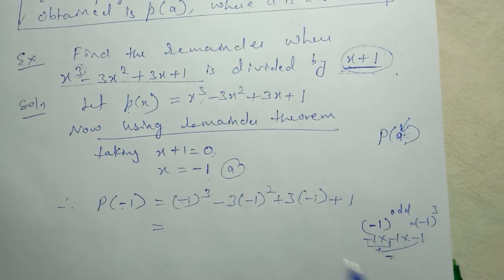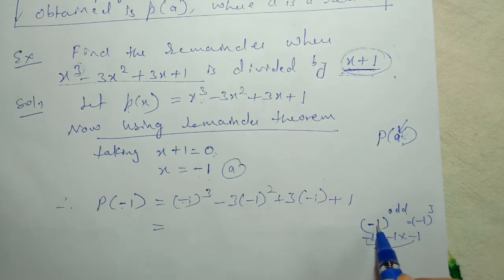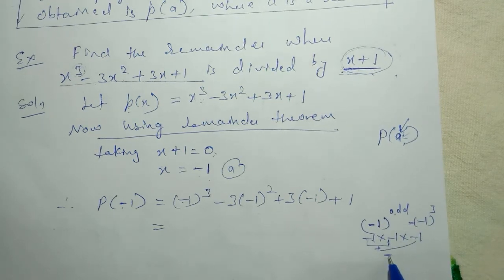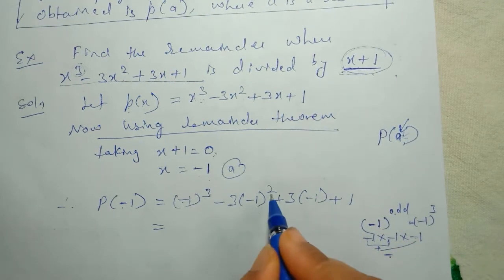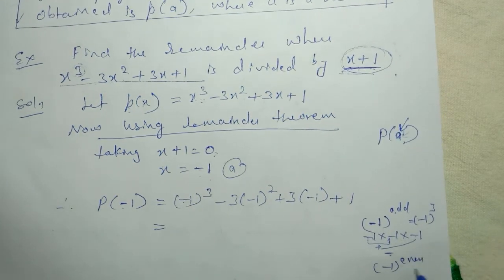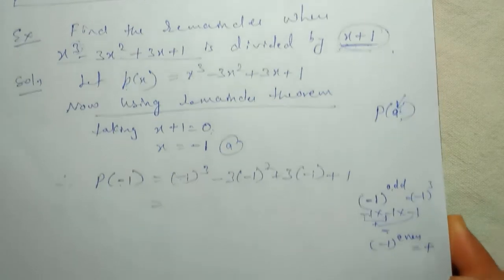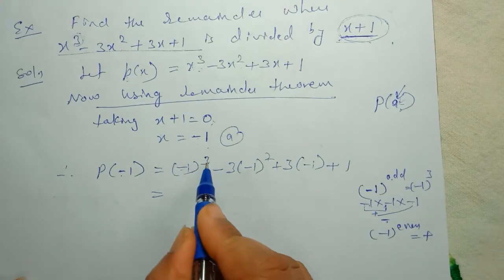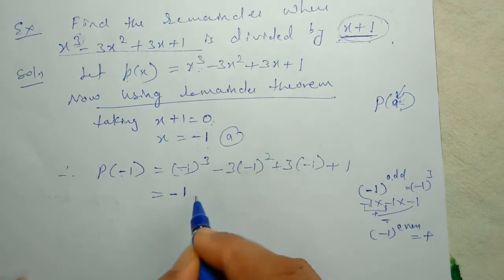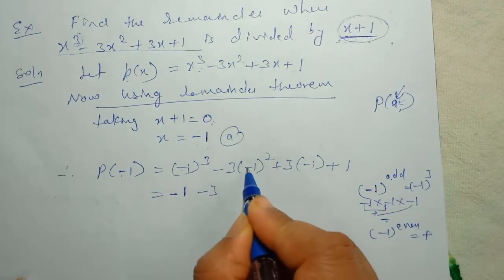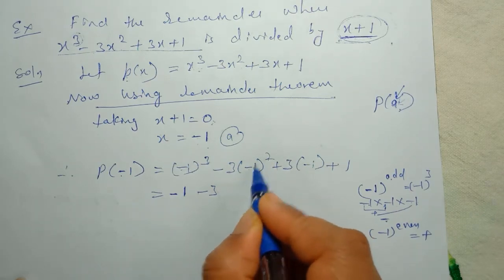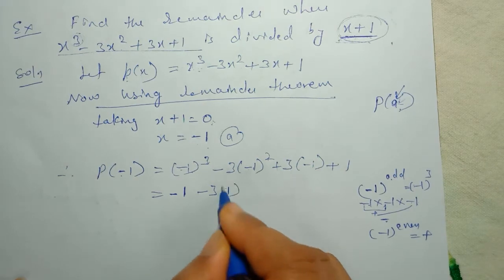So an easy way to understand: if the power of minus is odd, the result will be in minus sign. If the power of minus is even, the result is plus. So in the first case we have odd, so minus gives minus. Multiplying 1 three times we get 1. Over here we multiply -1 two times, which is even, so minus changes into plus, and multiplying 1 two times we get 1 again.